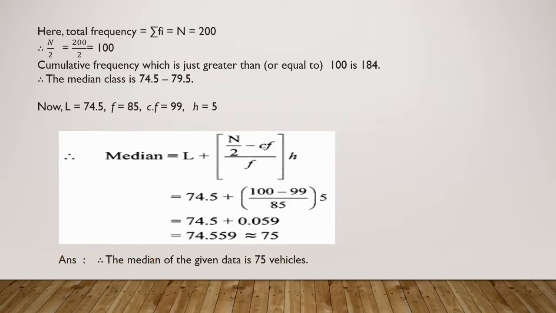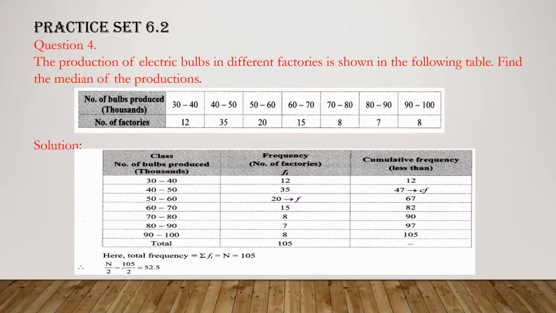Question number 4. The production of electric bulbs in different factories is shown in the following table. Find the median of the production. In this table also, the number of bulbs produced and the number of factories are given as the class and frequency. Then the solution.